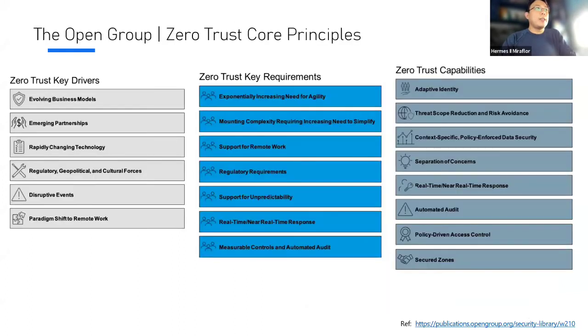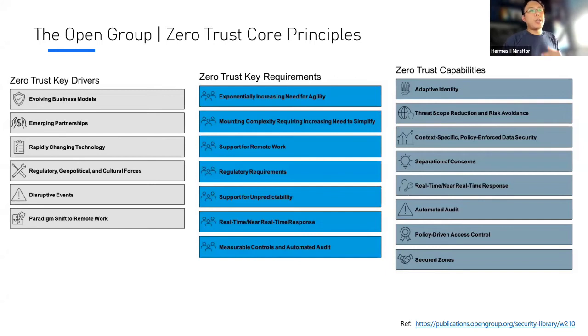Okay, then we also have the Open Group, wherein they also have come up with the zero trust core principles. So this one naman, ang diskarte nila would be they came up with the different drivers on why you should do zero trust. So for example, if you have encountered a disruptive event or you found yourself in a geopolitical scenario, then that's one measure on why you should look into zero trust.